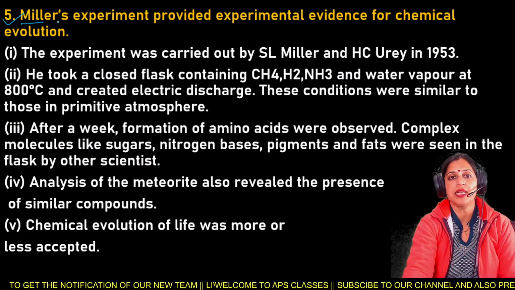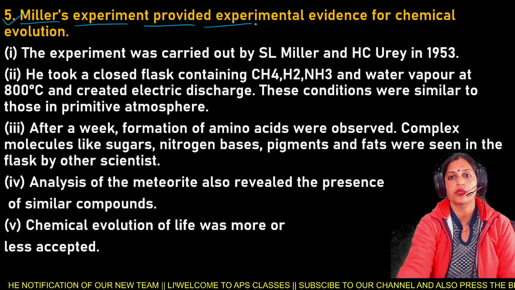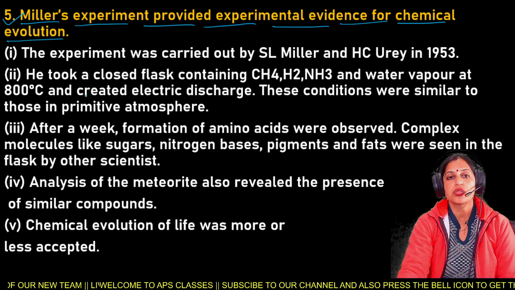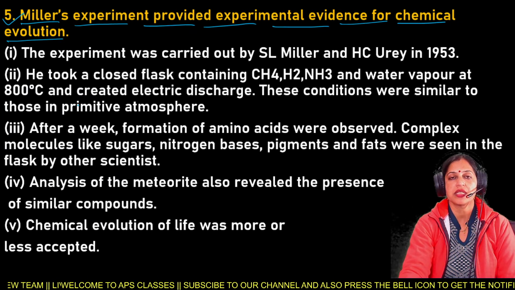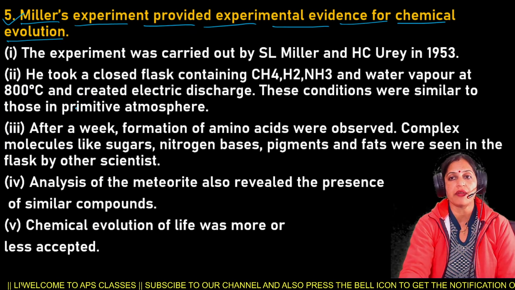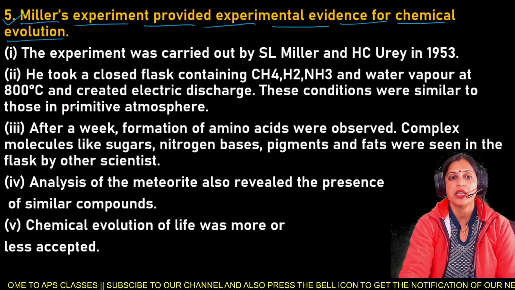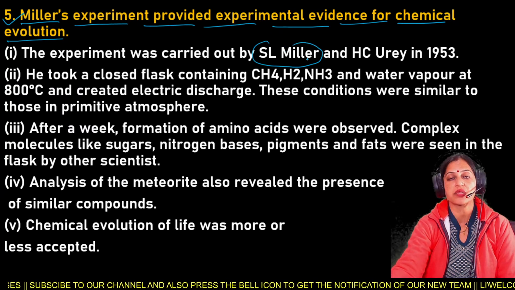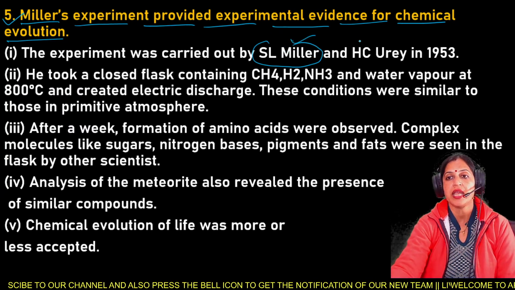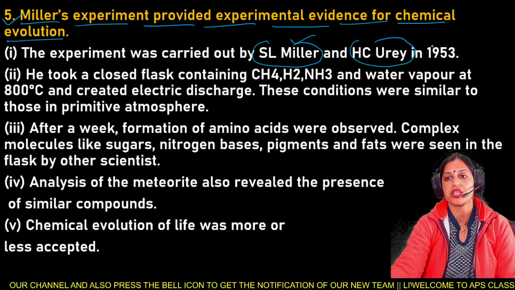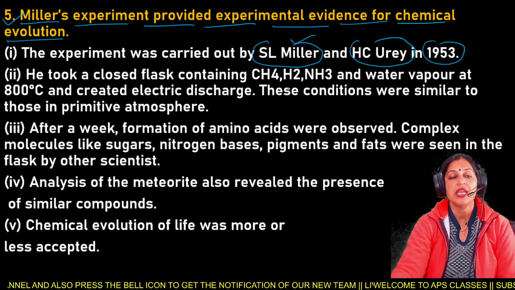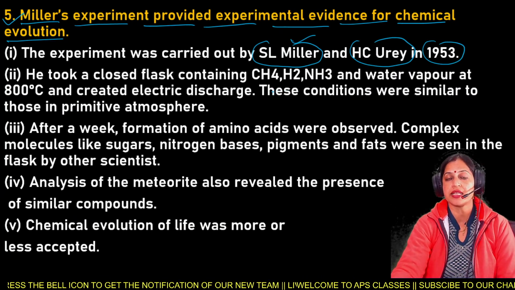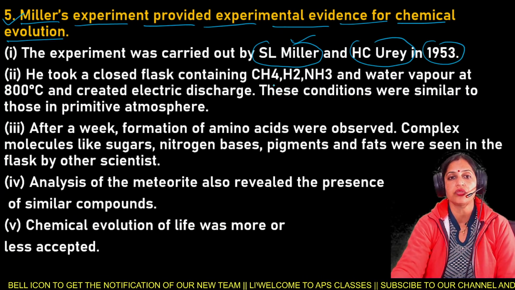Next, Miller's experiment provided experimental evidence for chemical evolution. The experiment was carried out by S.L. Miller and H.C. Urey in 1953.